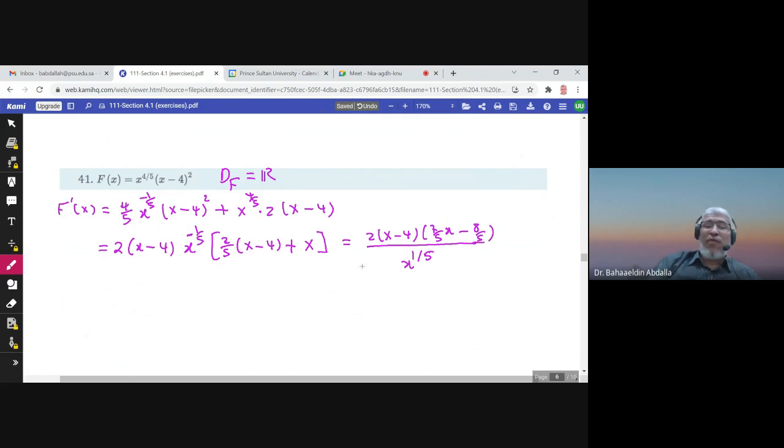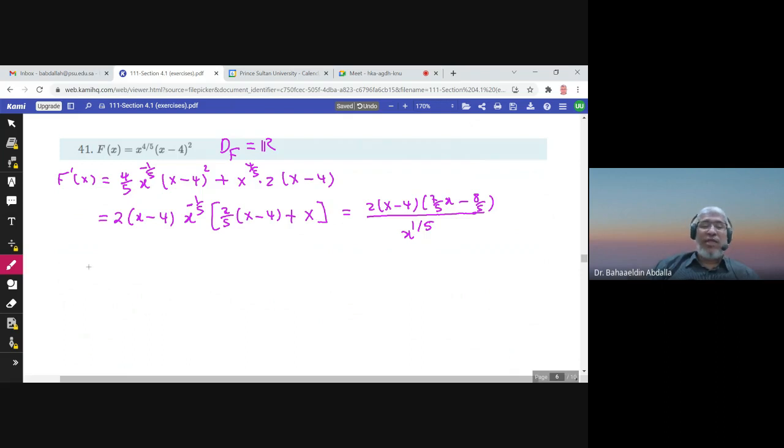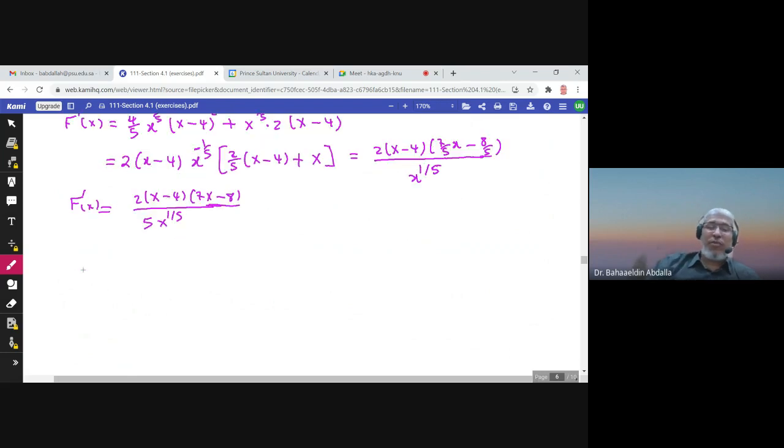If you want, you can take 1 over 5 outside, or you can even write it as 5 times x to the power 1 over 5, and here you have 2 times x minus 4 times 7x minus 8. So this is f prime of x in simplest form.